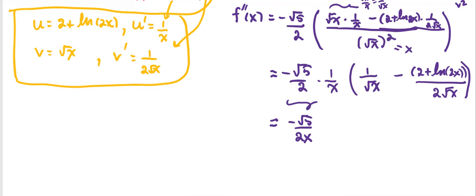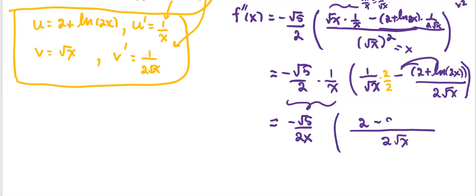So I combine these two products into one fraction as negative square root 5 divided by 2x. And then in the parentheses, I see the common factor again, as 2 square root x. So I multiply the first one by 2 over 2 and share the same denominator as 2 square root x, and the numerator 2, negative sign, that's another algebra part that you have to pay attention to.